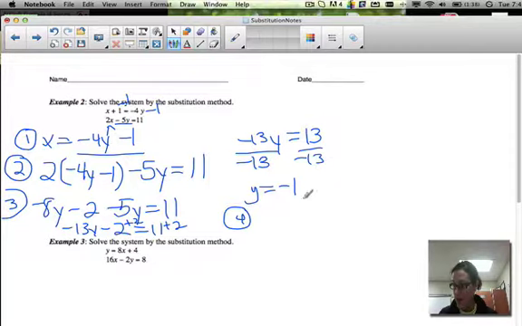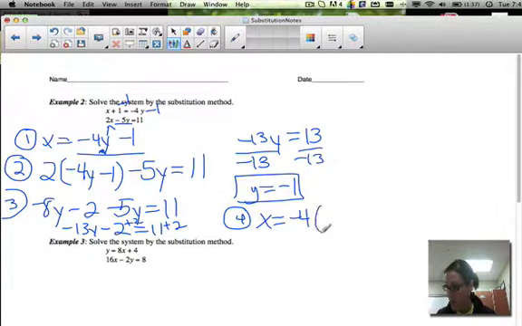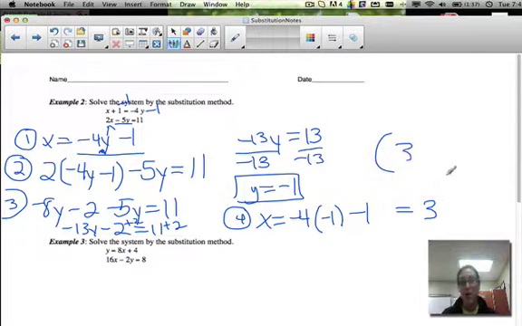So if that's what y is, I'm going to substitute that in for y into my step 1 problem to solve for x. Okay, so negative 4 times negative 1 is positive 4. 4 minus 1 is 3. So my solution is 3, negative 1. And you would check to see that this is correct.